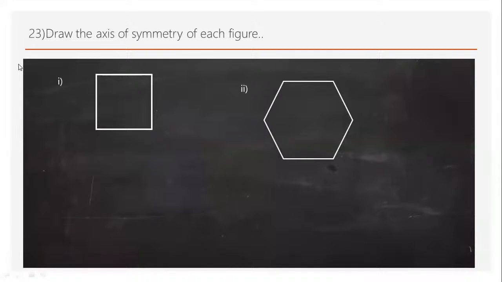Draw the axis of symmetry of each figure. Now look at this, it is a square. One axis, 2, 3.